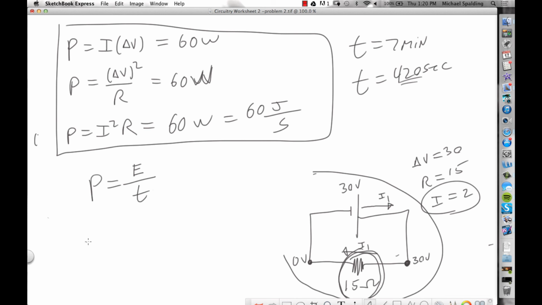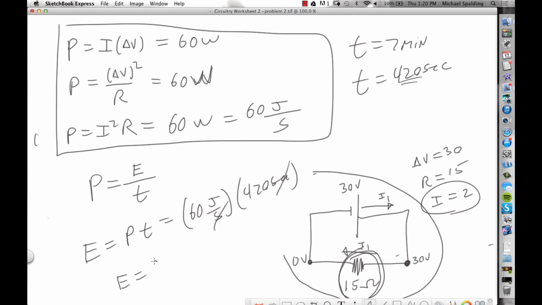Power is energy over time, so energy is P times T. Power is 60 watts, that's joules per second, and the time is 420 seconds. Cancel that, so the energy used is 25,200 joules.